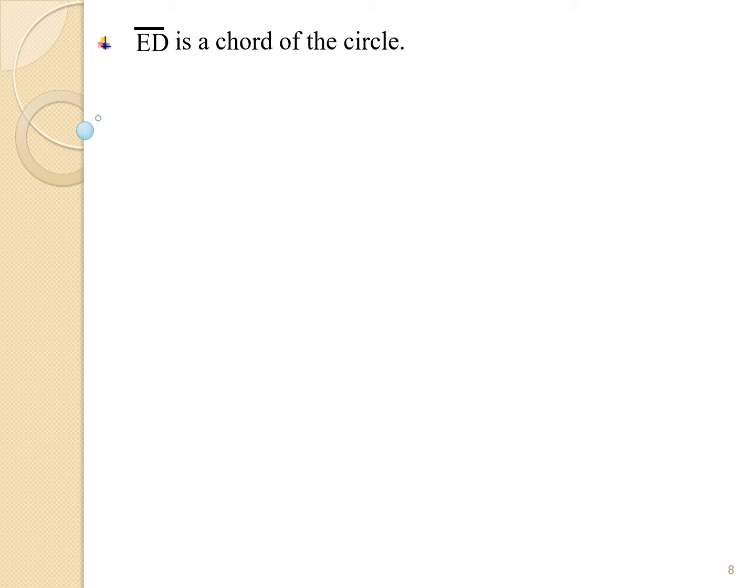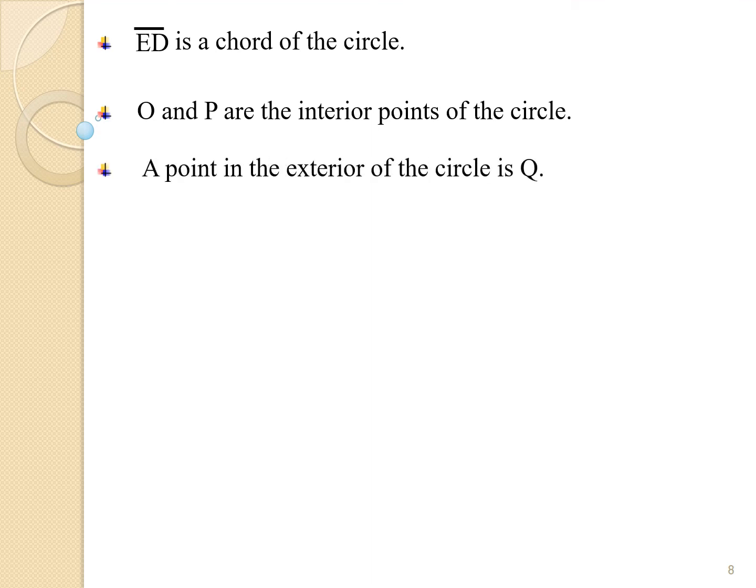Also, we know that diameter is the longest chord of the circle. Now E, O and P are the 2 points in the interior of the circle. Now F, Q is the exterior point of the given circle.